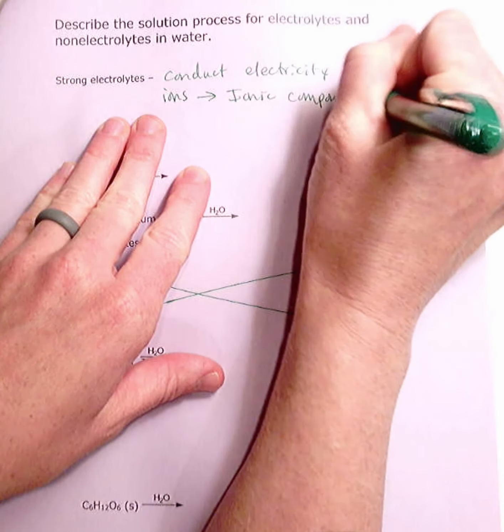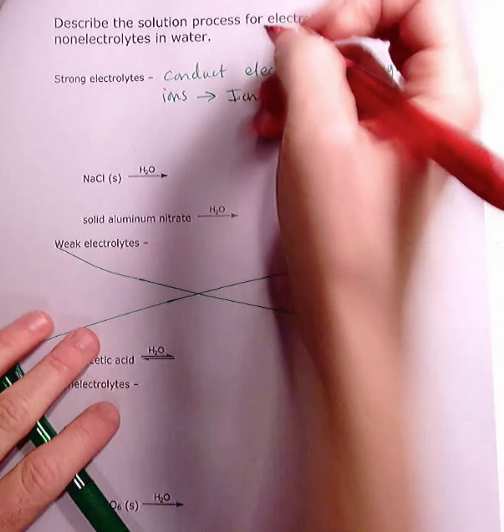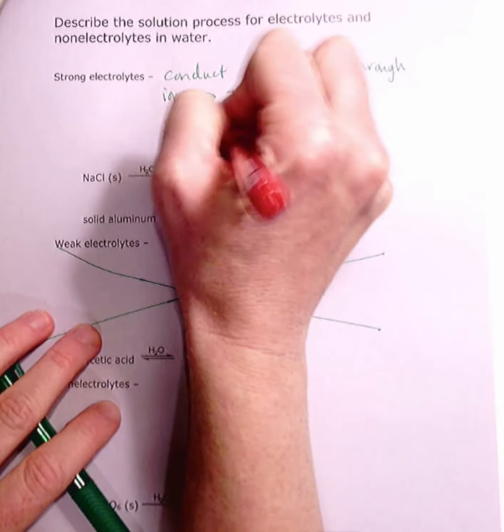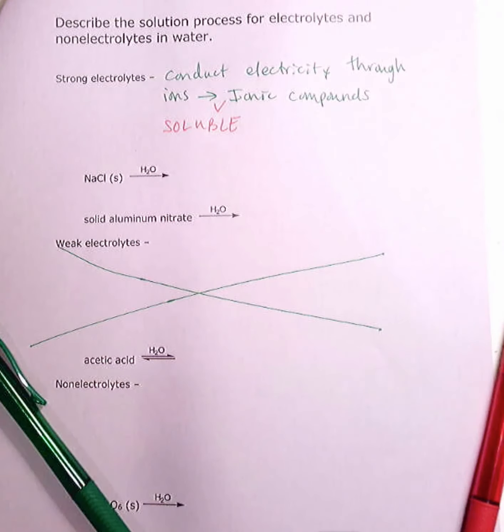And I want to specify they are soluble ionic compounds. Remember those solubility rules that you memorized? The ones that are insoluble are not going to be strong electrolytes because they do not dissolve. They will not ionize. So strong electrolytes are soluble ionic compounds.